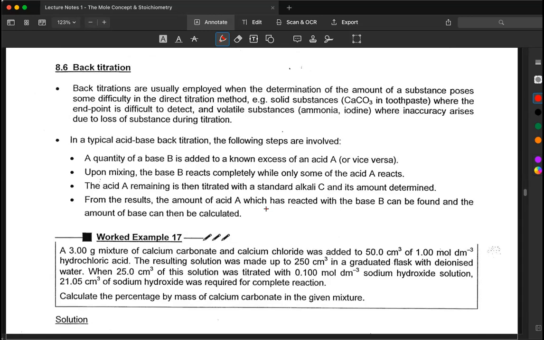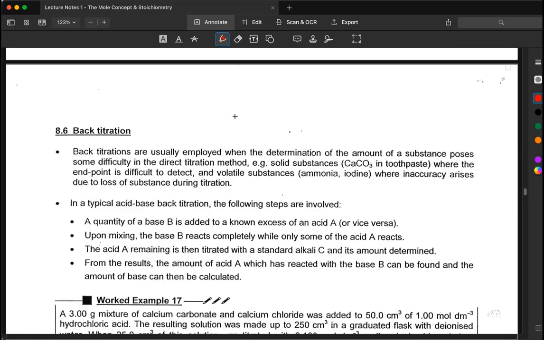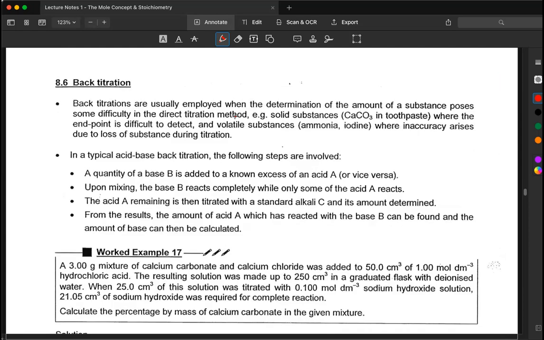So since we are teaching you directly now, back titrations are usually employed when the determination of the amount of substance poses some difficulty in a direct titration method. For example, let's say you are trying to find out the amount of calcium carbonate in toothpaste. You can't use direct titration because calcium carbonate is insoluble.